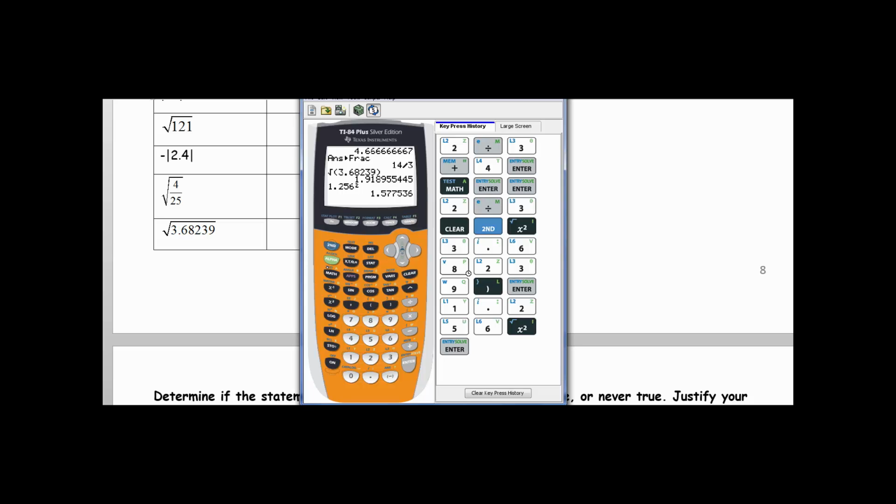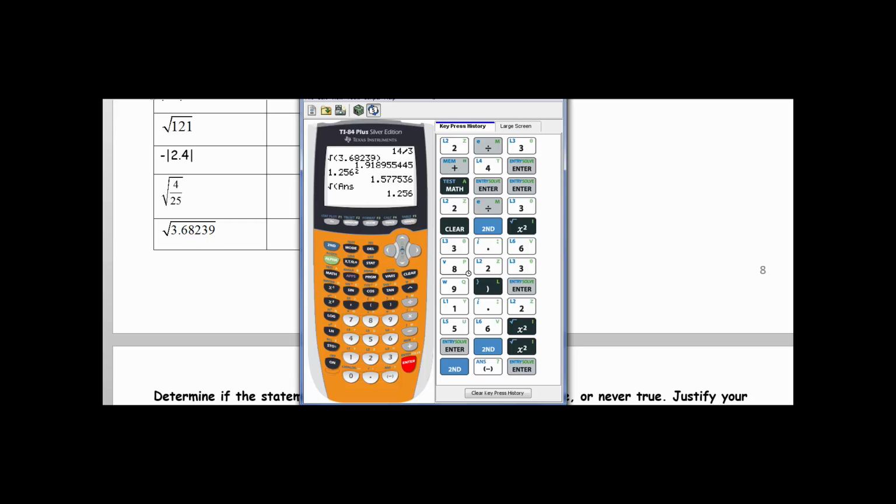And then if I hit the square root of that number, I get my 1.256. So either this is a really long number that does stop, but I don't think it is. This number would have to be an irrational number. Make sure that you type it in right, 239.